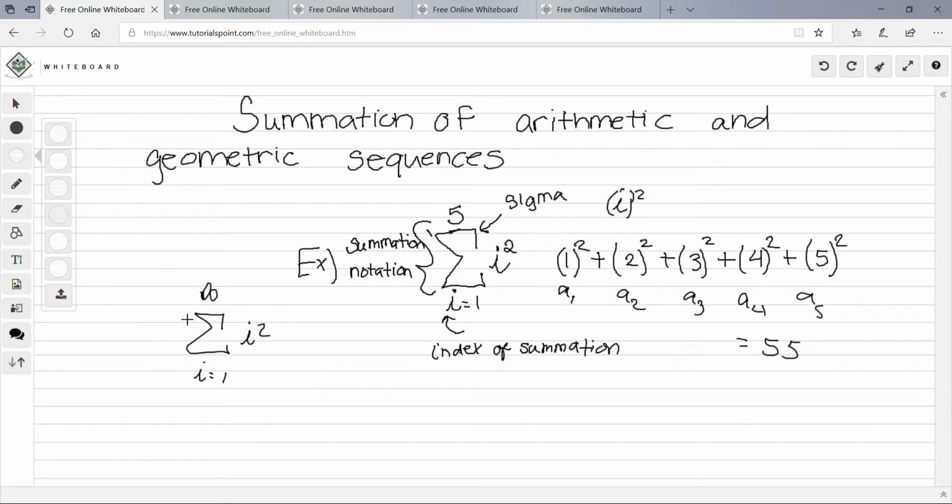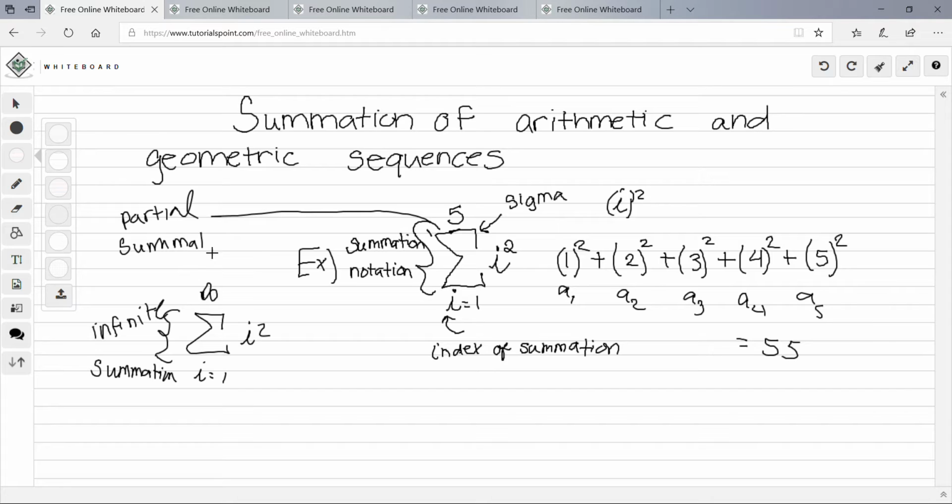So this is called an infinite summation, and this is called a partial sum, partial summation, because this has a limit and this goes to infinity.